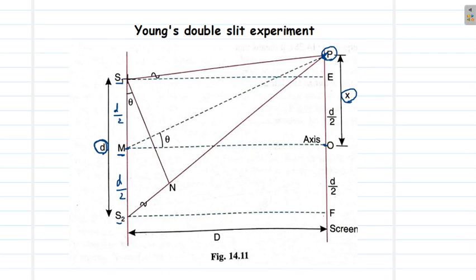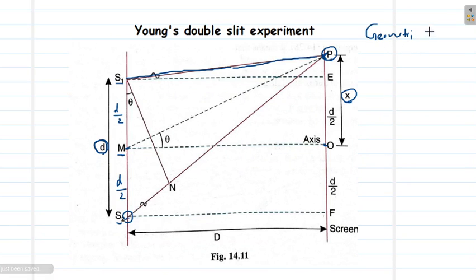When the light waves start from S1 and reach P, and similarly a light wave starts from S2 and reaches P, clearly they travel different distances. S1P is less than S2P, right? From slit 2, the light wave has to travel an even greater length to reach P. So what is that path difference? First of all, let us find the geometrical path difference.